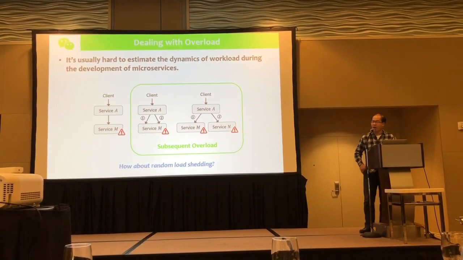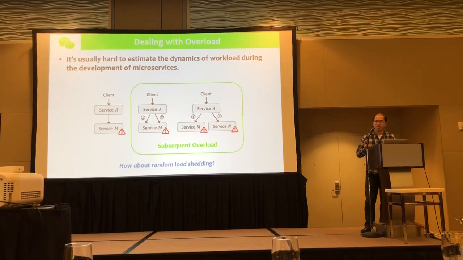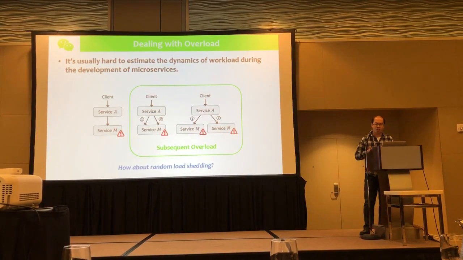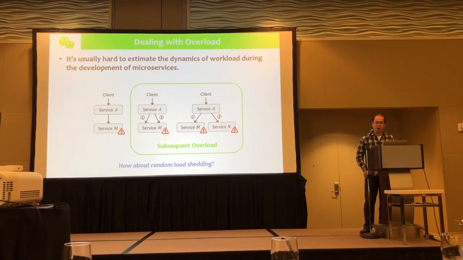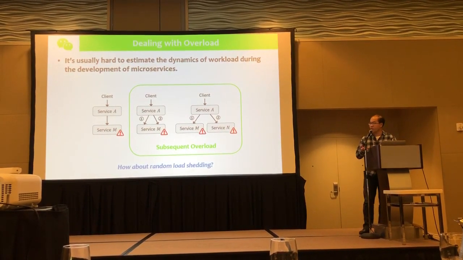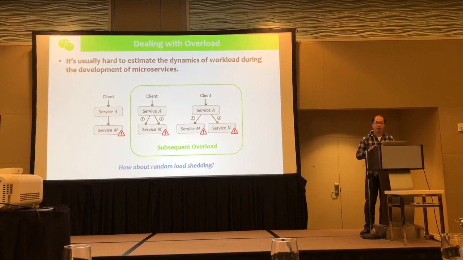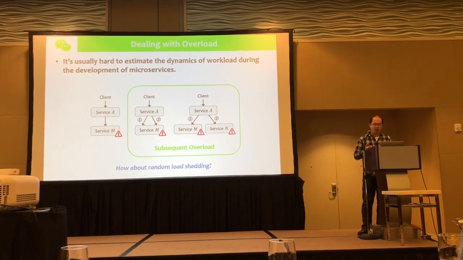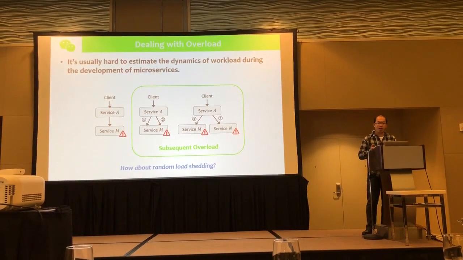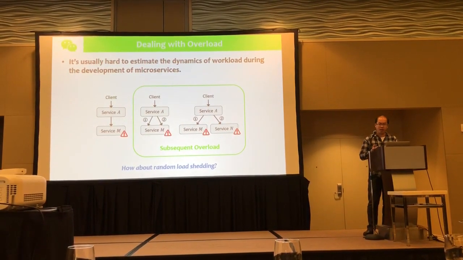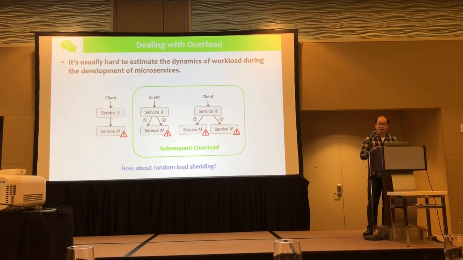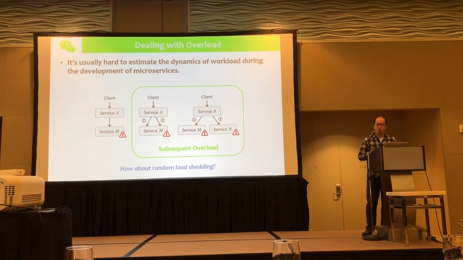You may consider that when the downstream service gets overloaded, it has some probability to reject the request. So if the upstream service needs to call the downstream multiple times, the probability of rejection at each call will make the upstream service have a very low success rate with random load shedding.